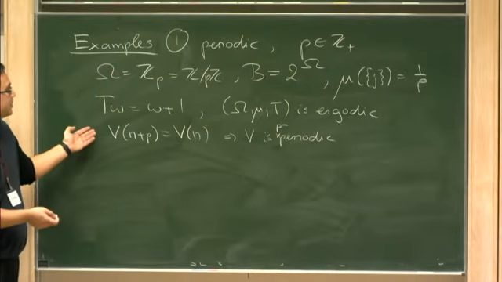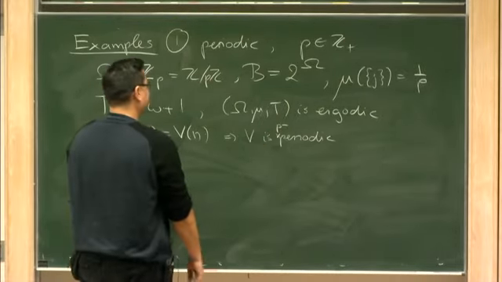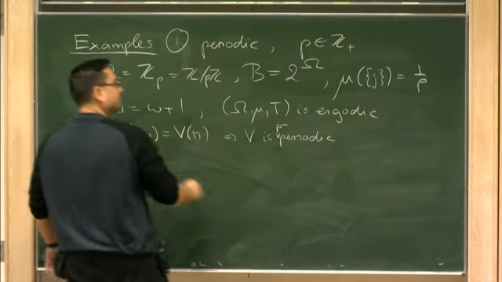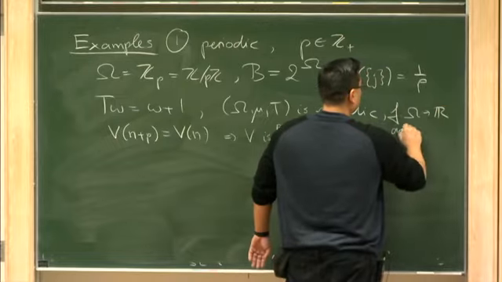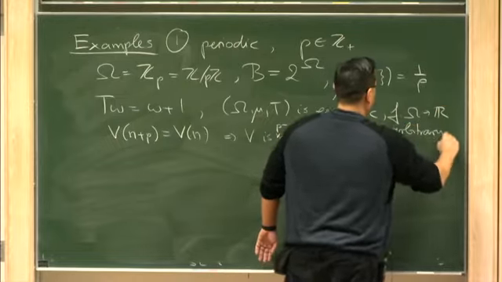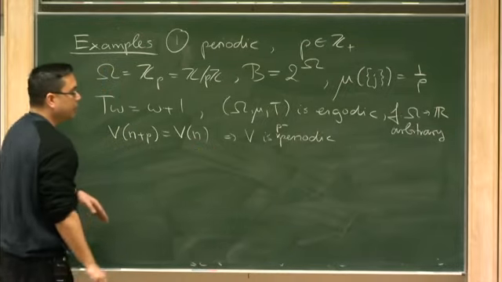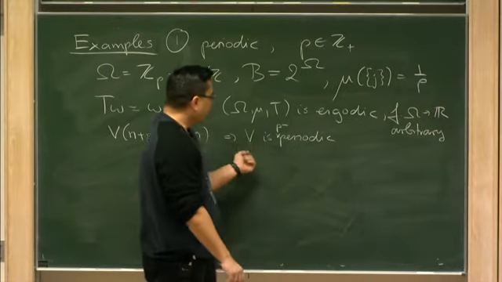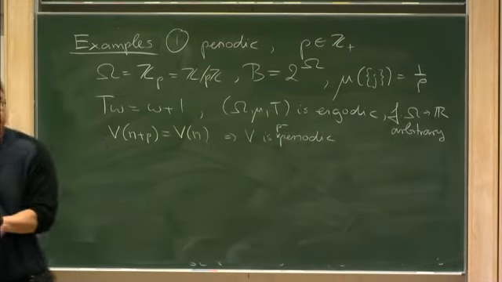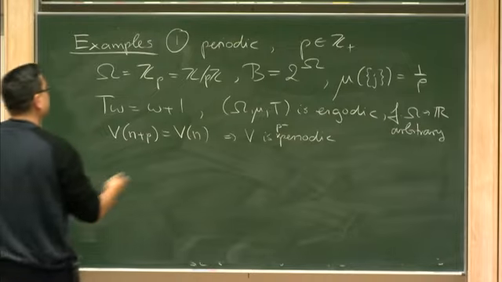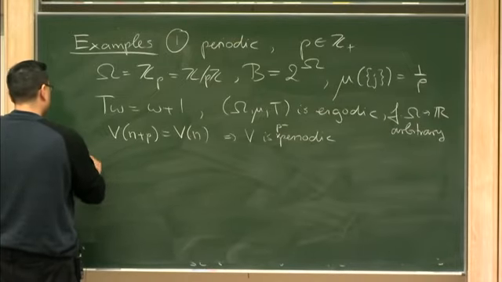You just choose the f. I didn't tell you what f was, but any f works. So f arbitrary. Then V is p periodic, and conversely, for any given p periodic potential, I can choose f accordingly so that the potential arises. Okay, so that's in some sense a trivial example.